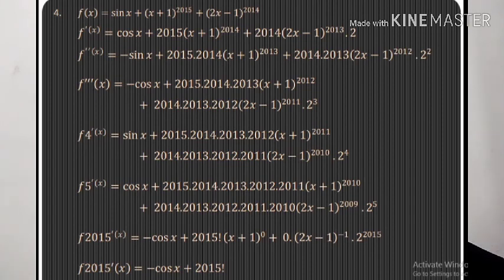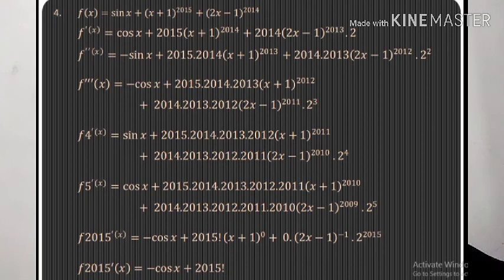So 2014 times 2013 times 2012 times 2011 for the fourth derivative. And the degree of the exponent is equal to 2014 minus the degree of the derivative. Look at the power of 2: 2 to the 1 for the first derivative, 2 to the 2 for the second derivative, and so on.